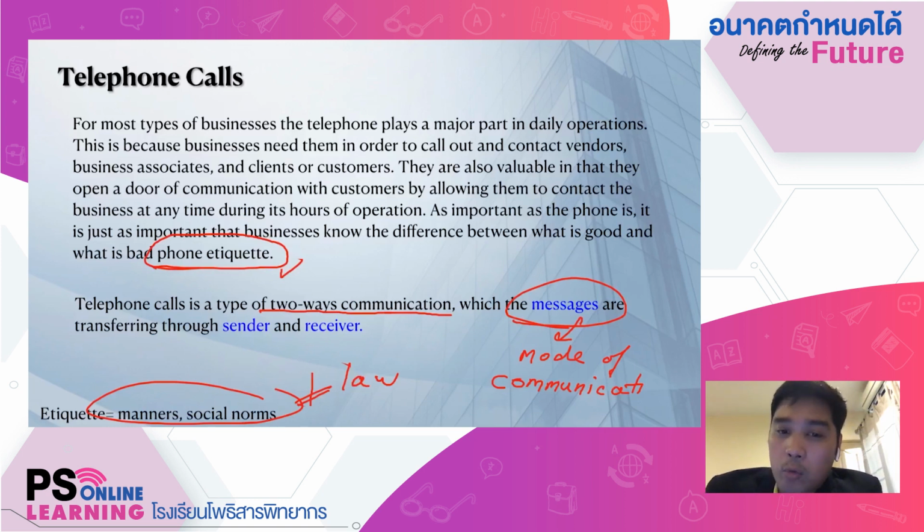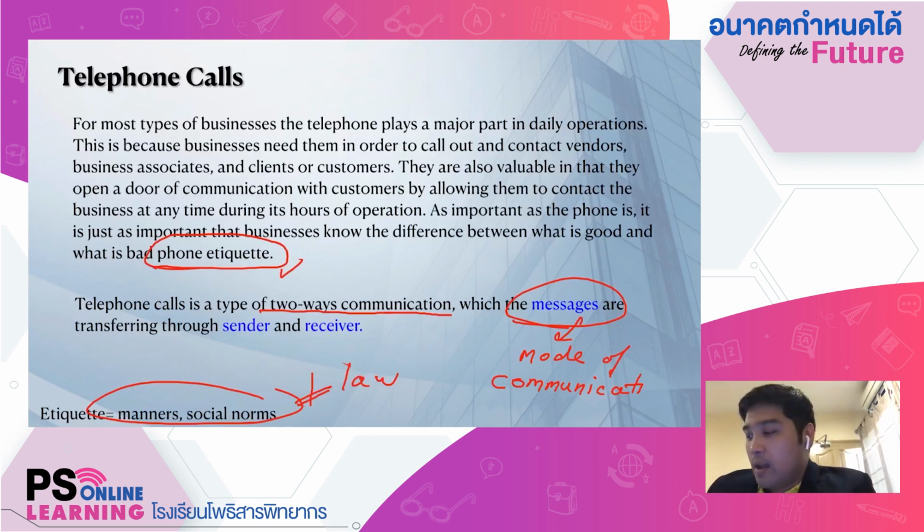For another example, you are eating at the dining table with a full mouth, and then you start talking while you're chewing. This is bad manners or bad social norms. People will judge that you are a poorly educated person. This is just an example.